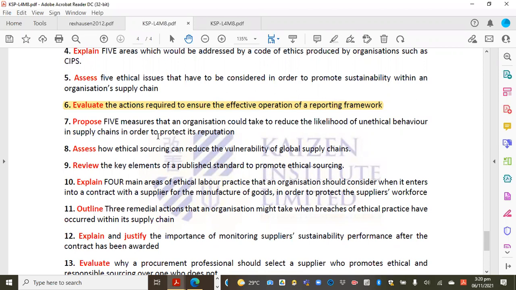If you discover they don't have it, you may want to assist them to have it. If it doesn't work out, then it means we can't select them or invite them to bid. So these are some of the things that you may want to do to reduce the likelihood of unethical behavior in supply chains.